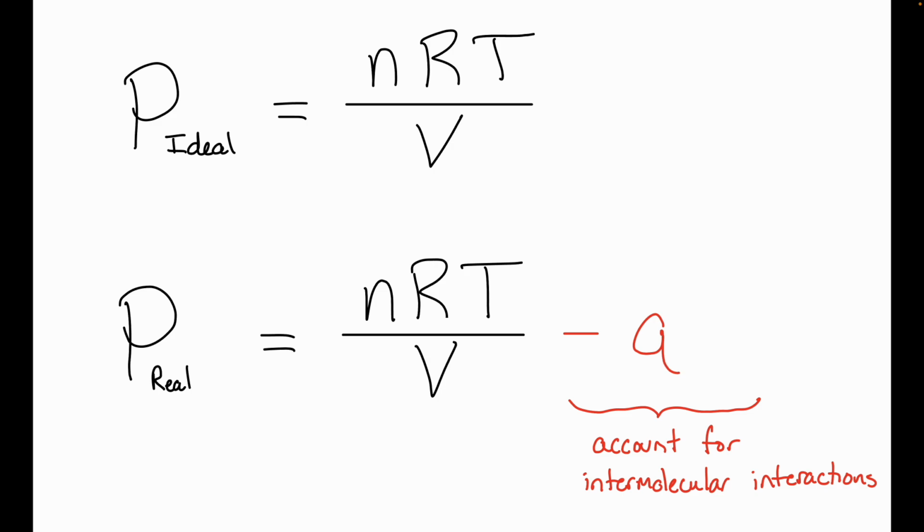We've got another constant, another van der Waals constant here. We already said this is going to account for the intermolecular forces. So this is our pressure correction. And again, just like the other one, it's going to depend on our gas.